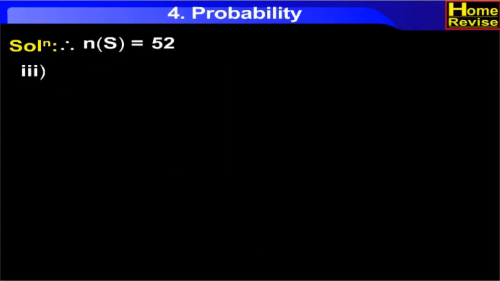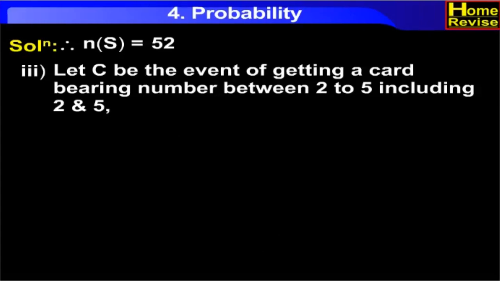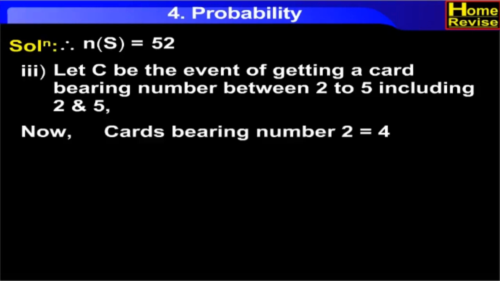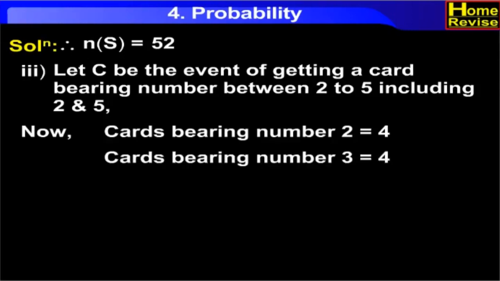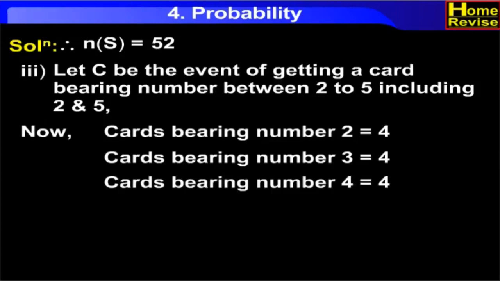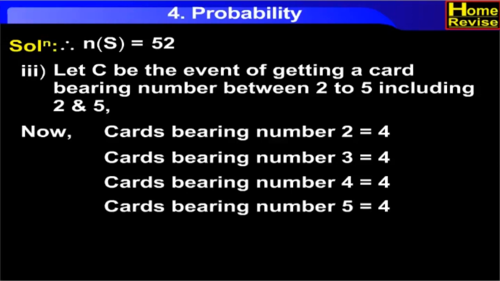Number 3. Let C be the event of getting a card bearing a number between 2 to 5, including 2 and 5. Now, cards bearing number 2 is equal to 4. Cards bearing number 3 is equal to 4. Cards bearing number 4 is equal to 4. And cards bearing number 5 is equal to 4.